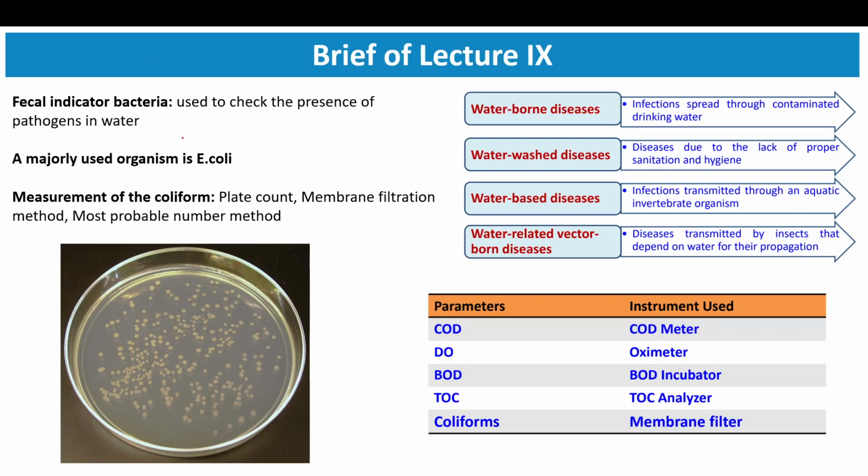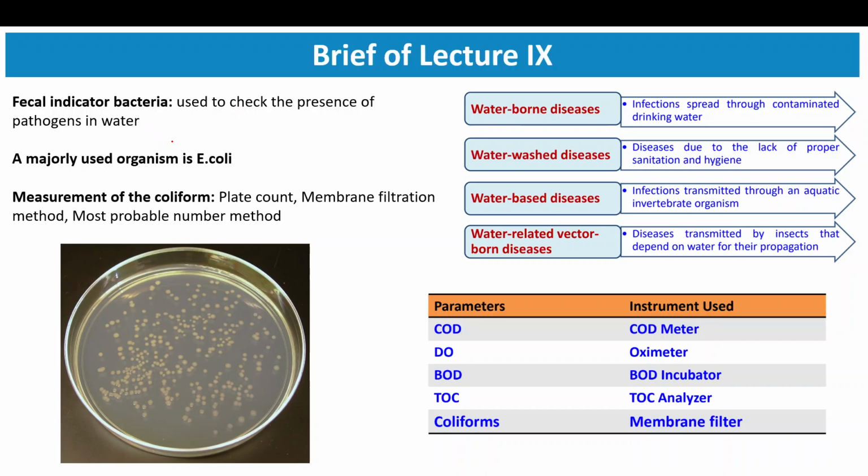If you want to measure the microorganisms in water, you measure them in terms of organisms which are easy to measure and which represent all types of organisms. So you measure fecal indicator bacteria, which are used to check the presence of pathogens in water. It is the indicator that microorganisms which are harmful to us are present in water.